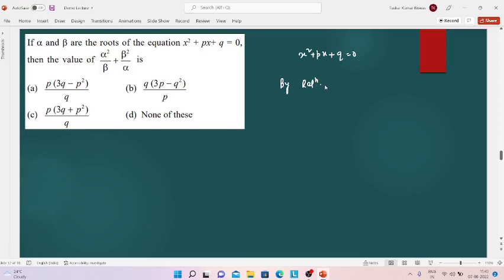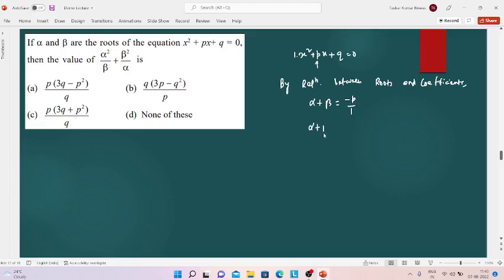by the relation between roots and coefficients, we can say that alpha plus beta will be minus b by a. Here you can see that instead of b, p is there, and instead of a, here is 1, so you can write it as minus p by 1.